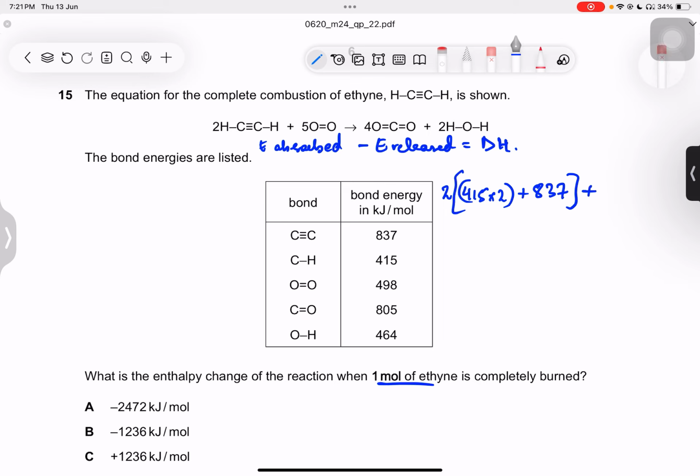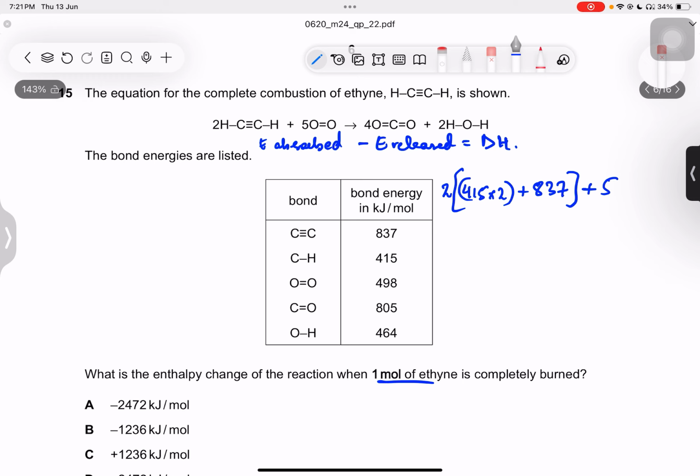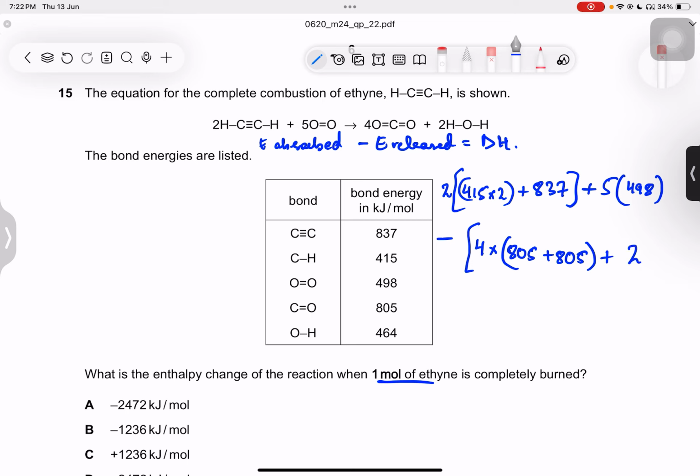Next, plus we have 5 oxygen oxygen double bonds, so 498, and all of this will be minus from this we will minus 4 times carbon oxygen double bonds, so 805 multiplied by 2, and 2 OH, we have 2 OH bonds, so 464 times 2.